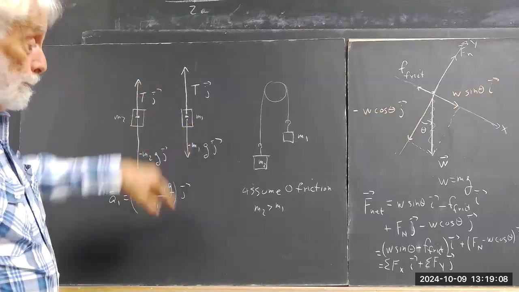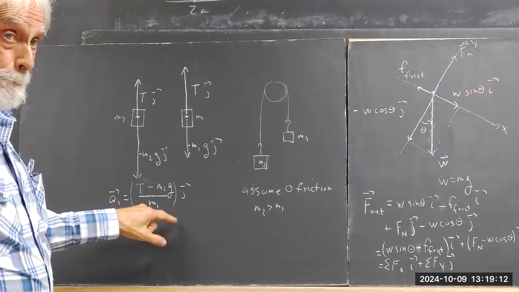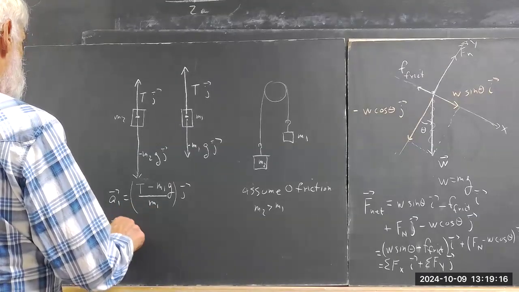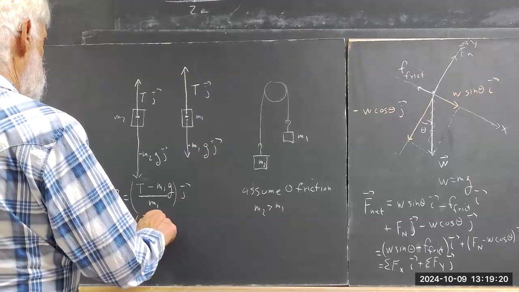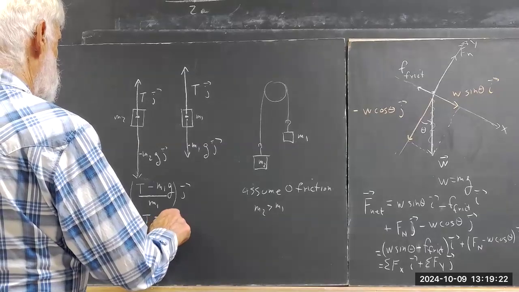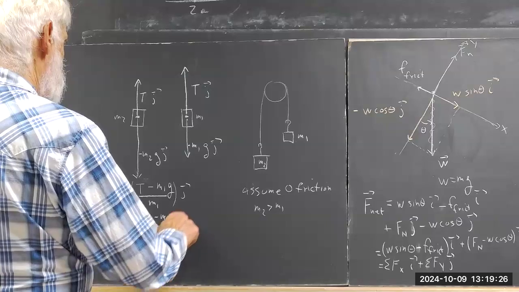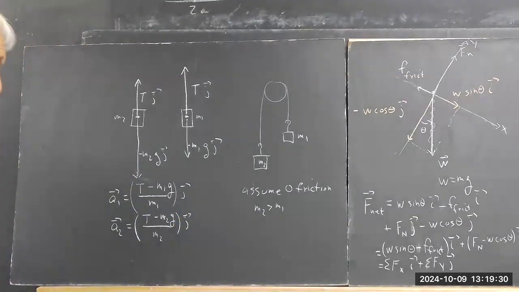And we divide by M1. That's the acceleration of the first one. Okay. Acceleration of the second is T minus M2 g, j, over M2.